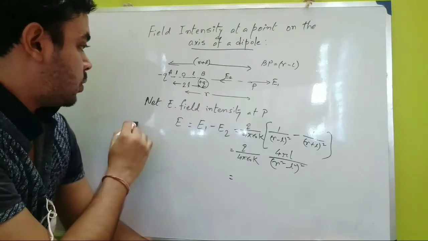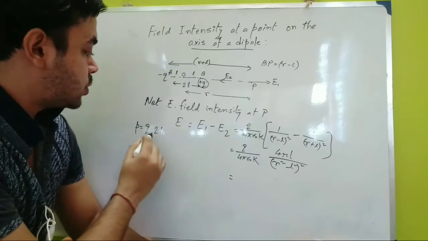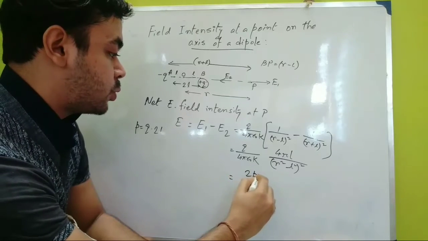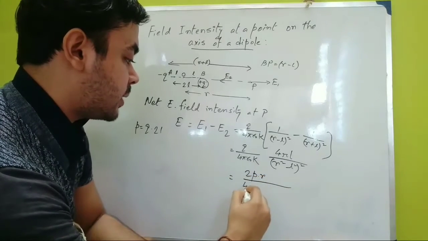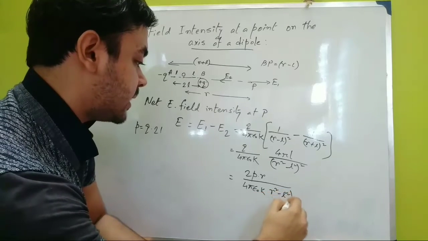Now we know P is equal to Q into twice L, that is 2QL. 2QL is equal to P, so we can put 2PR divided by 4 pi epsilon 0 K into (R square minus L square) whole square.